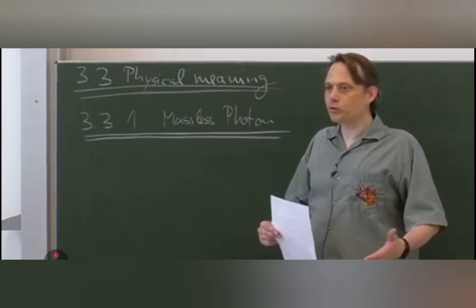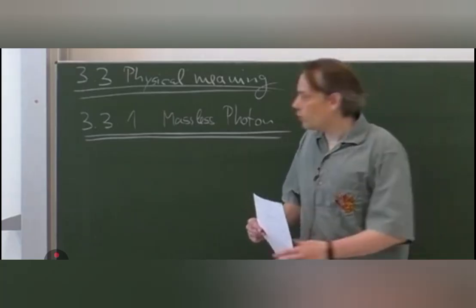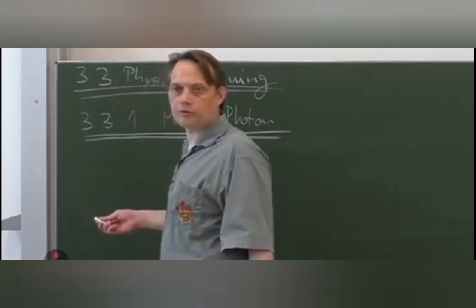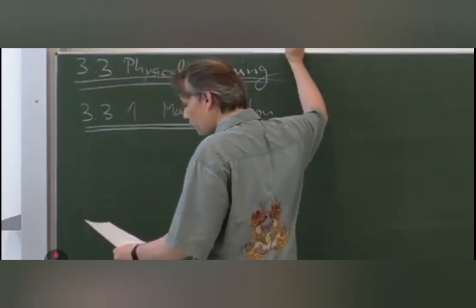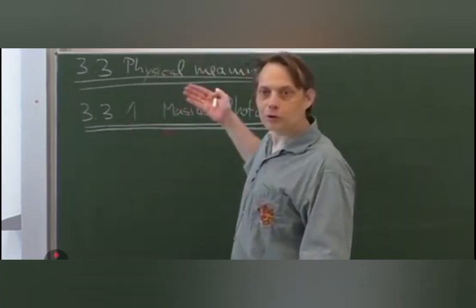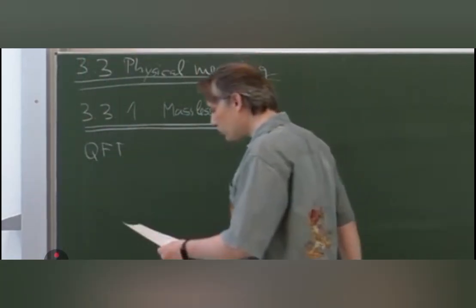Therefore, either the condition is satisfied automatically or it's wrong. And it is satisfied automatically, and that is the result of Slavnov-Taylor identities. And so let us prove that, because obviously it is important for the interpretation of the standard model that we know for sure that the photon is massless, indeed, not only at tree level but at all orders.